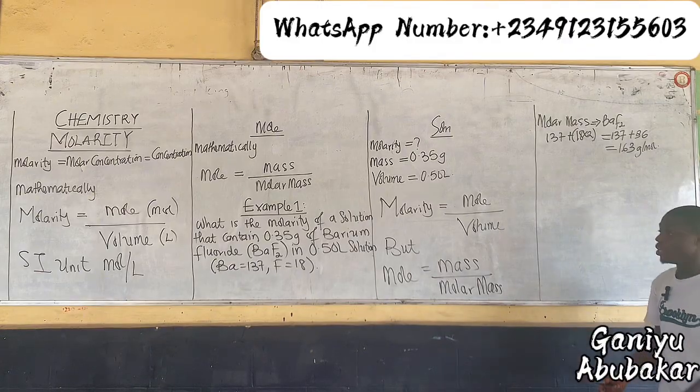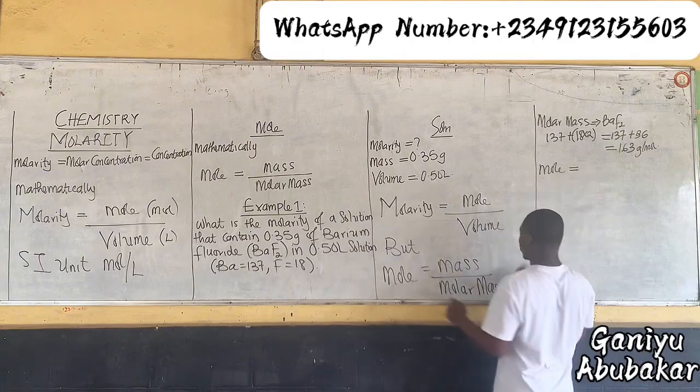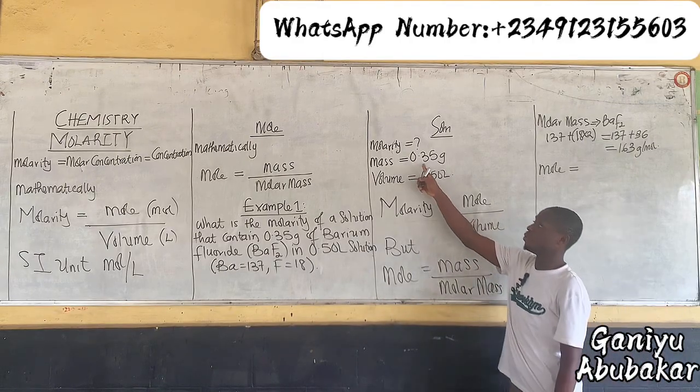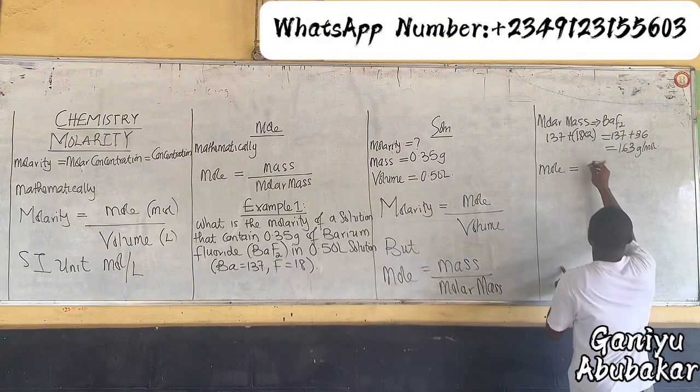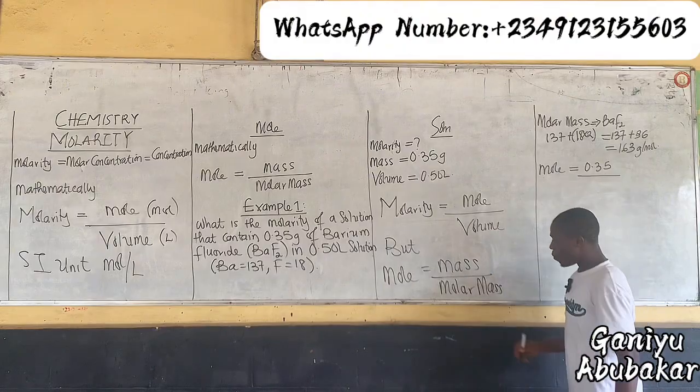Let's now get mole. Of course, mole is equal to mass first. Check the question here. My mass here is 0.35 first. So I have 0.35 over, next up, molar mass.